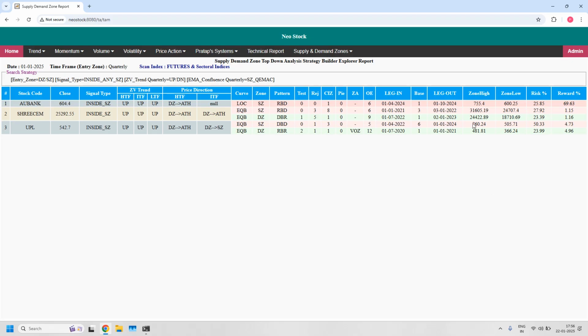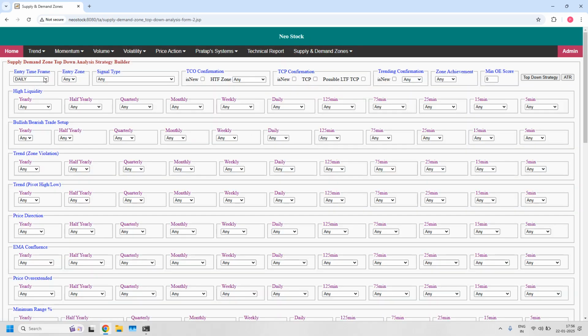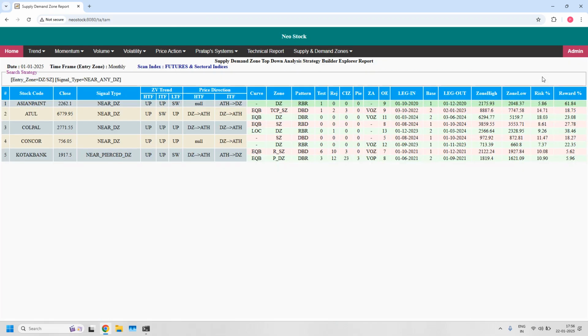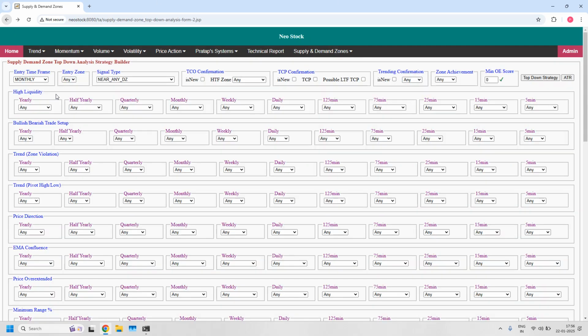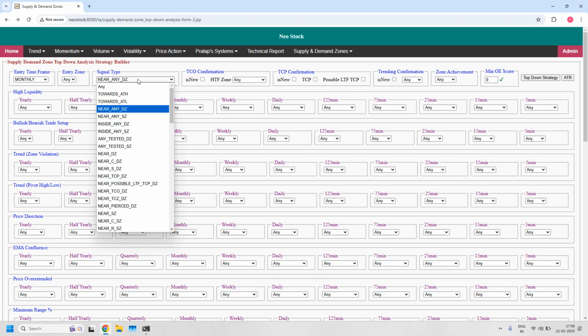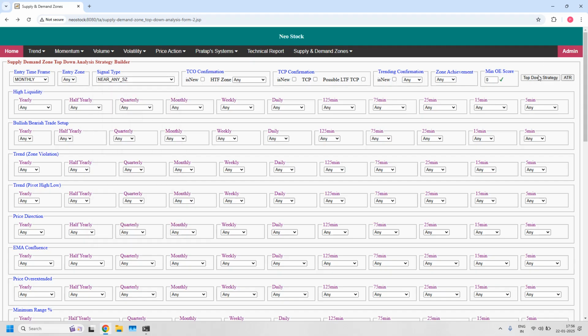Okay. Next time frame is monthly. Stocks near monthly demand zone. We got 5 stocks. Next, monthly time frame. Stocks near monthly supply zone.